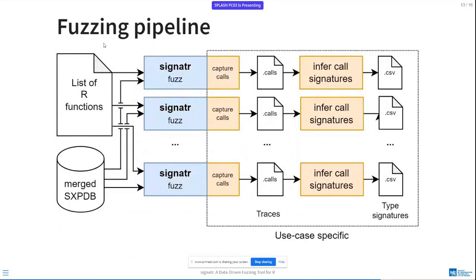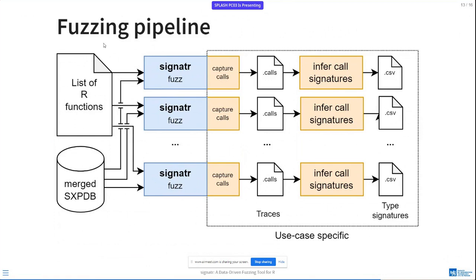And so now the fuzzing pipeline and how we generate the type signatures. So we give it a list of R functions, and we have this big database of R values. And then in parallel, we are going to throw random values, using this algorithm I just presented, at the functions. And then we capture the calls.